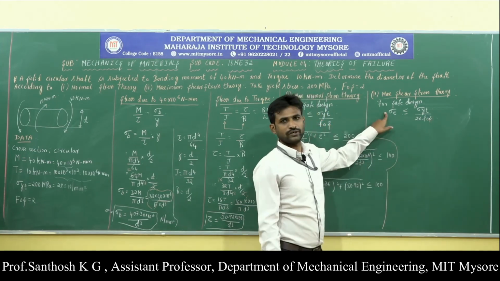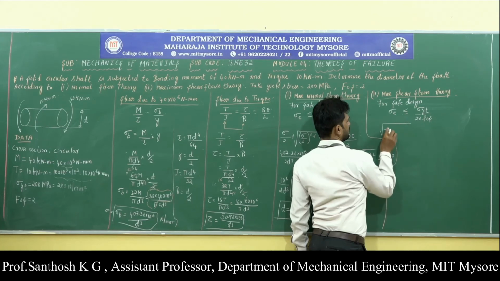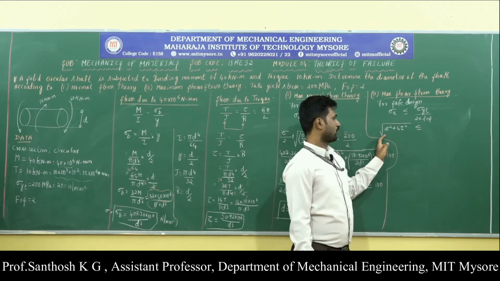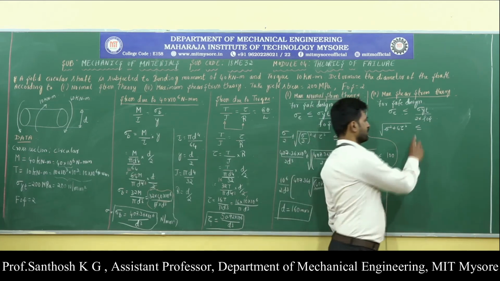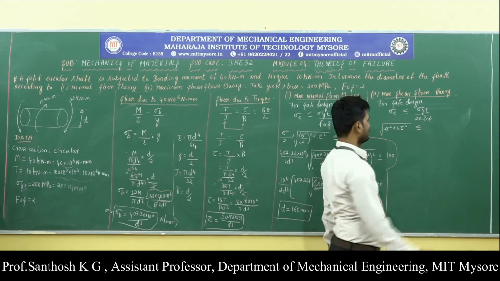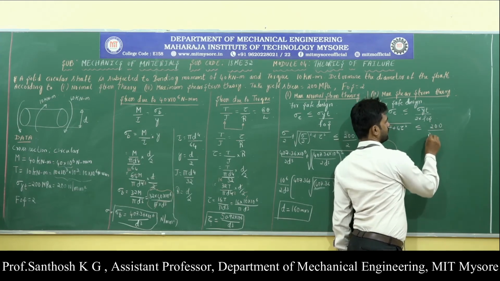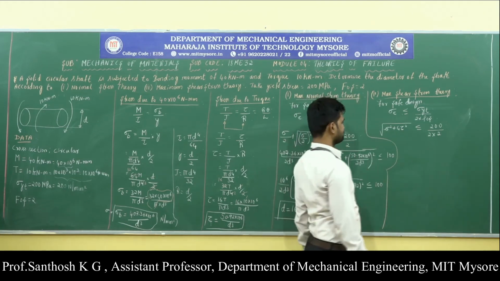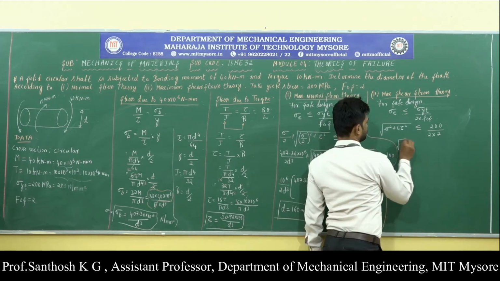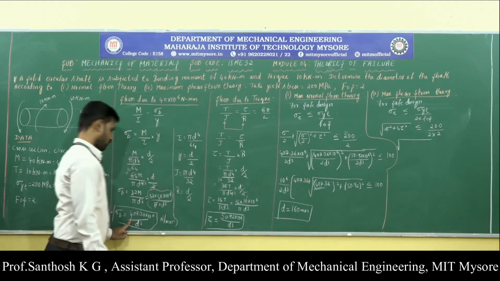Here, in order to calculate the value of sigma e, we should use the equation square root of sigma square plus 4 times tau square. It should be less than or equal to sigma yt, which is 200, divided by 2 times the factor of safety, given as 2.